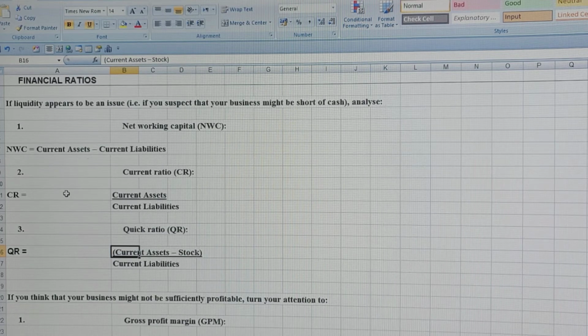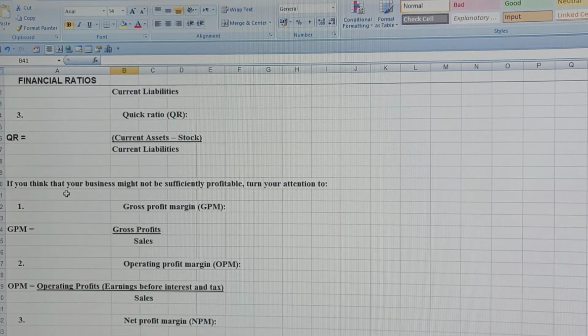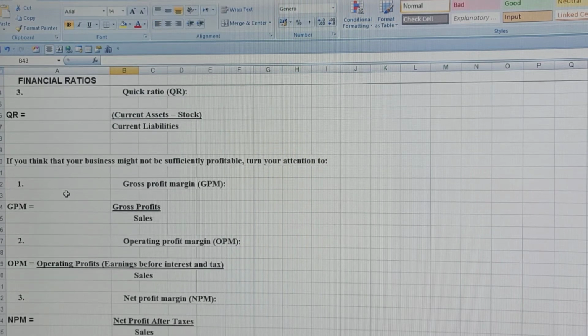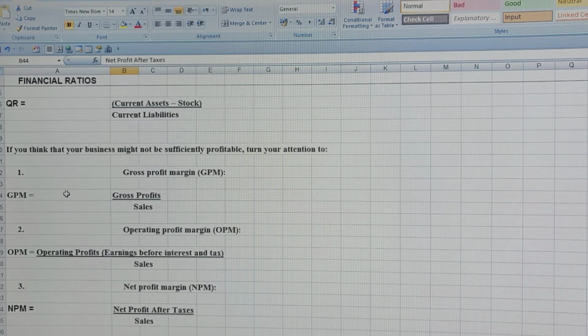Another ratio that comes under working capital management, because those are the ones that are relevant to our situation, is what they call the debtor payment ratio. How quickly do you collect money from your debtors? You have to compare that with how quickly you pay your own creditors.